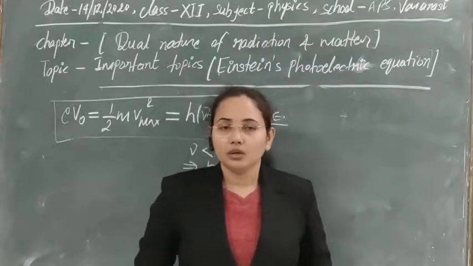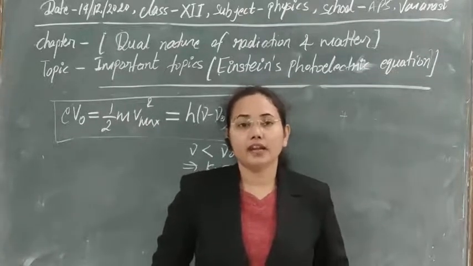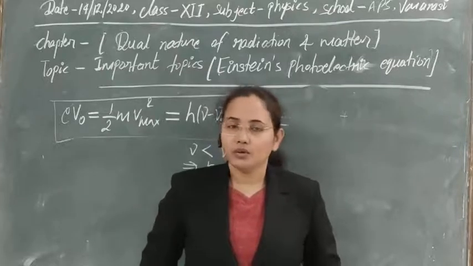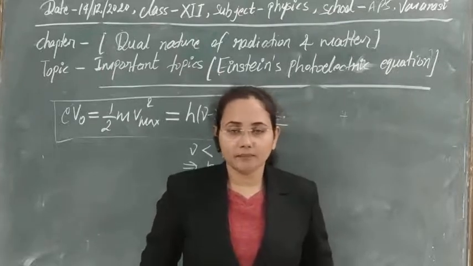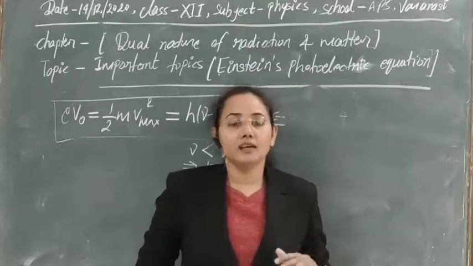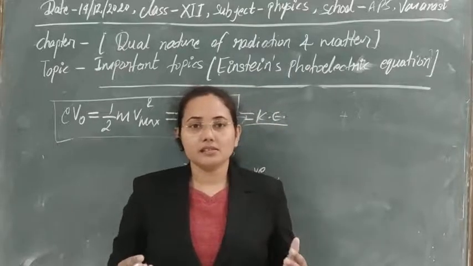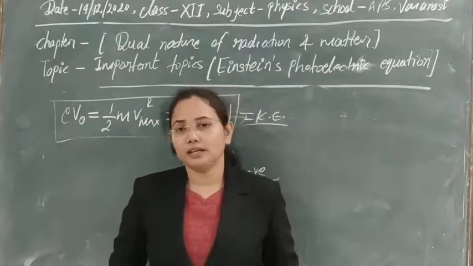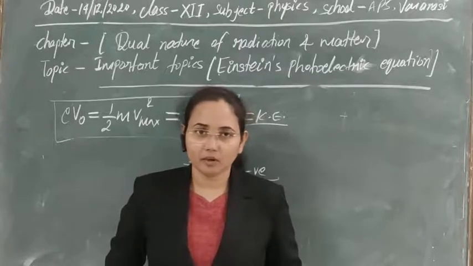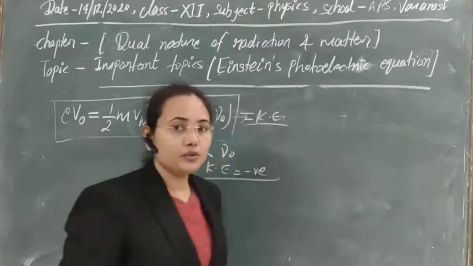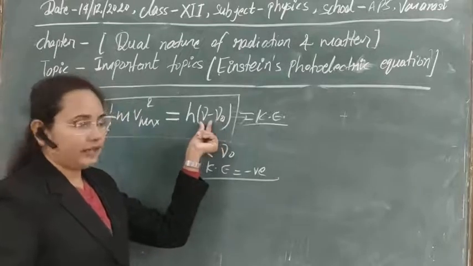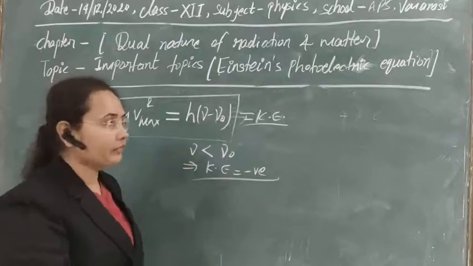It means no electron can have negative kinetic energy. In other words, no electron will be ejected from the metallic surface, so no photoelectric current will be obtained, no photoelectric effect will occur, until we use an energy greater than this threshold frequency.